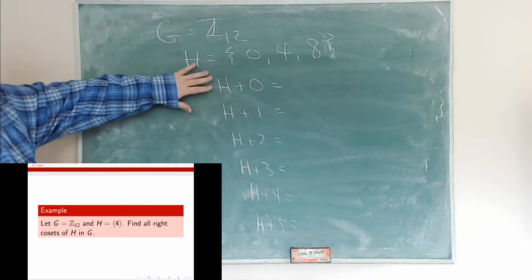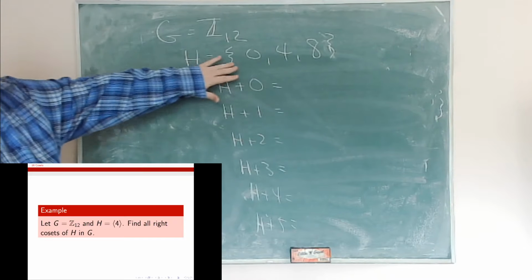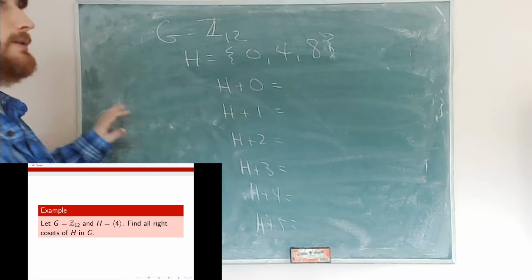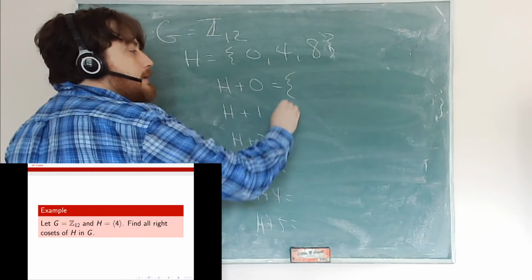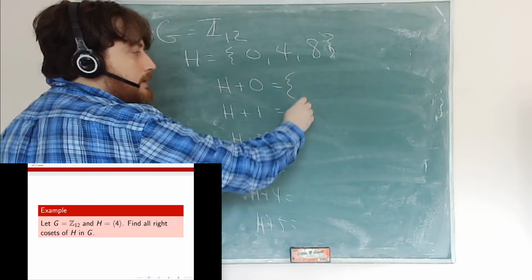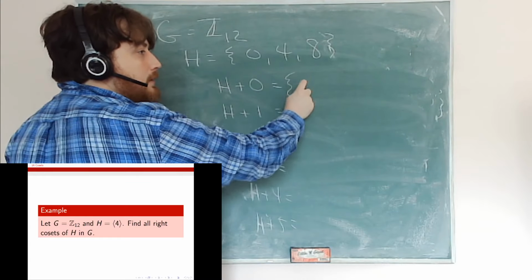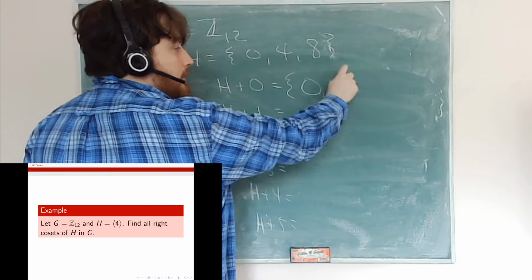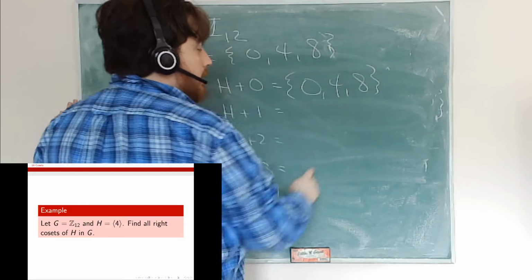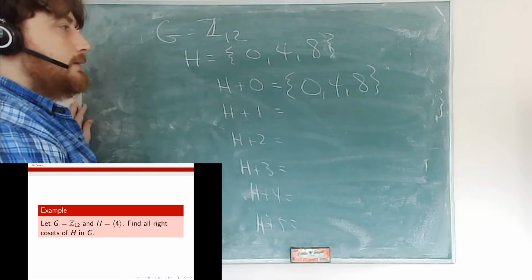All right, so help me out here. What is H plus 0? That means take the elements in H, each of them, and add 0. So I get the set consisting of... Very good, thanks, James. So I get 0, 4, 8.